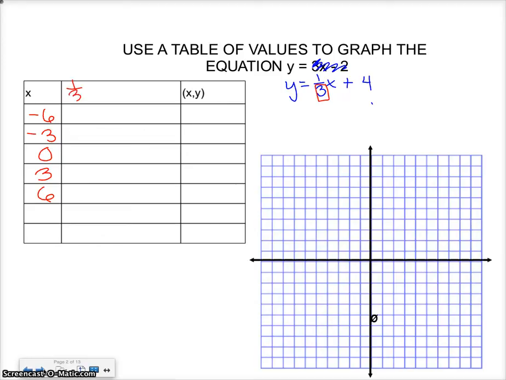So I have 1/3 x plus 4. So 1/3 times -6 plus 4. Here we go. What's -6 divided by 3? -2. So this is -2 plus 4, which is 2. So I have the point -6, 2.